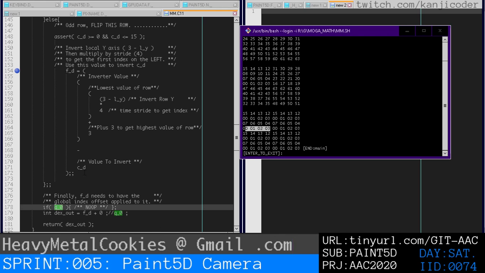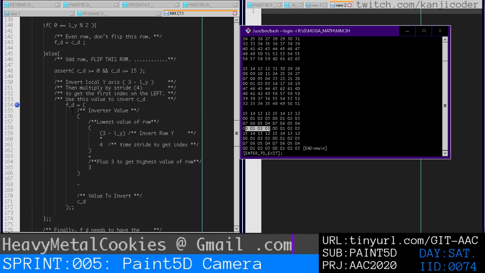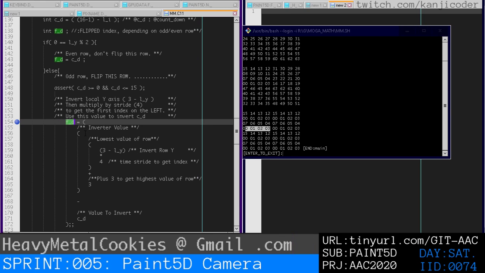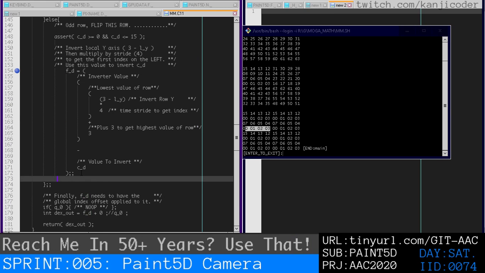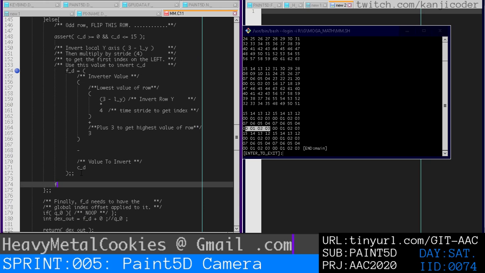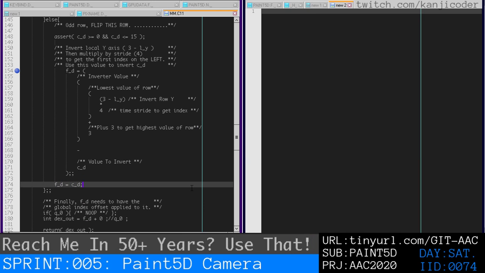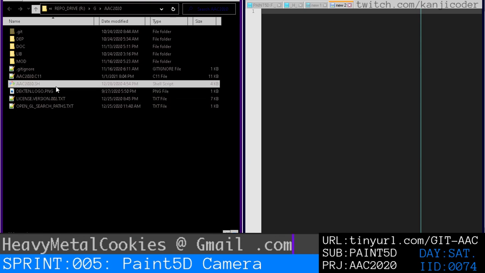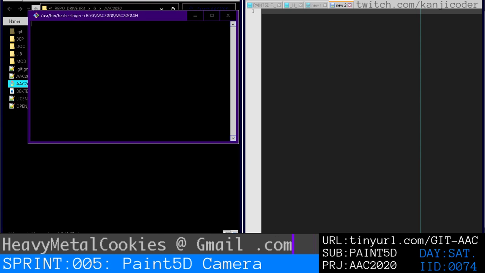So before we do this, let's just say FD equals CD again, and just make sure that the values make sense before we apply that wrong thing.